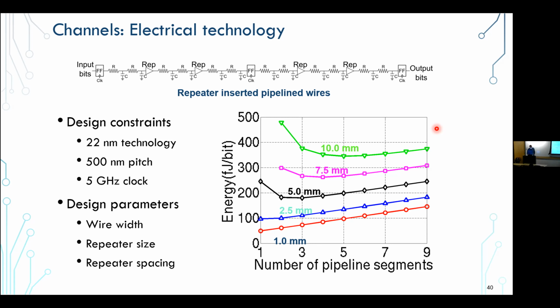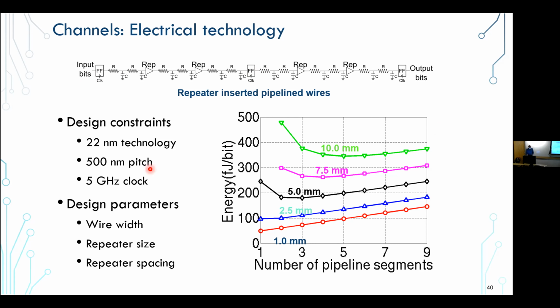So the conservative way of doing it is sizing the repeaters and just putting the flops wherever the cycle ends, right? So this is your whole duration of the traversal of the cycle. Well, that adds energy, adds latency in terms of real clock cycles going through.